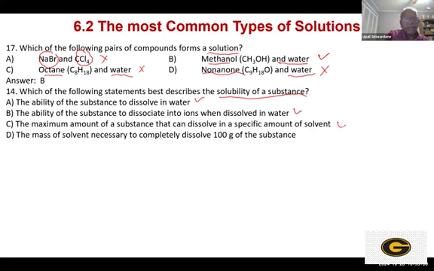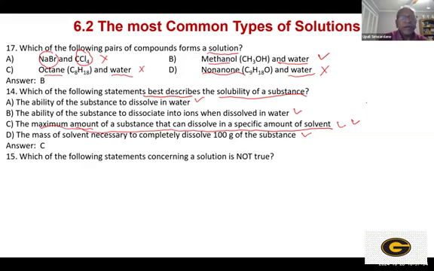The mass of the solvent necessary to completely dissolve. The best described is maximum amount. That's the direct definition of solubility. This is the maximum amount that goes into solution. The best is this. Therefore, C.